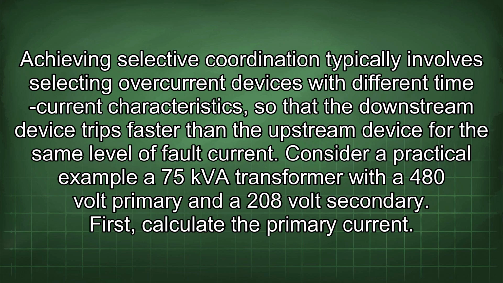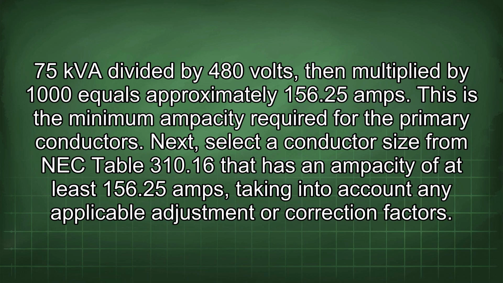Consider a practical example: a 75 kVA transformer with a 480 volt primary and a 208 volt secondary. First, calculate the primary current. 75 kVA divided by 480 volts, then multiplied by 1000 equals approximately 156.25 amps. This is the minimum ampacity required for the primary conductors.